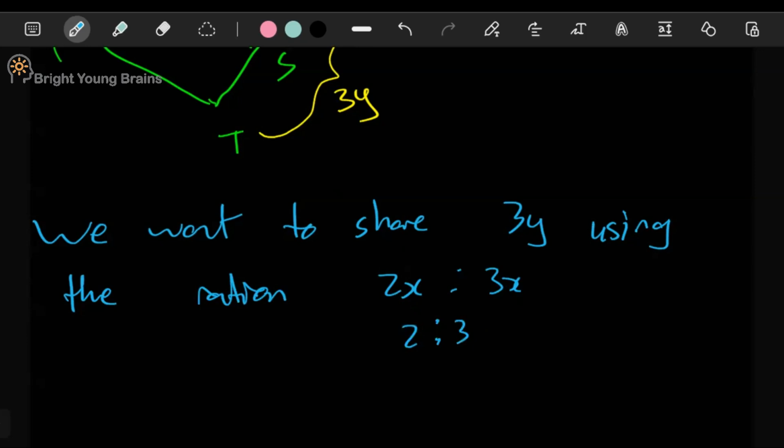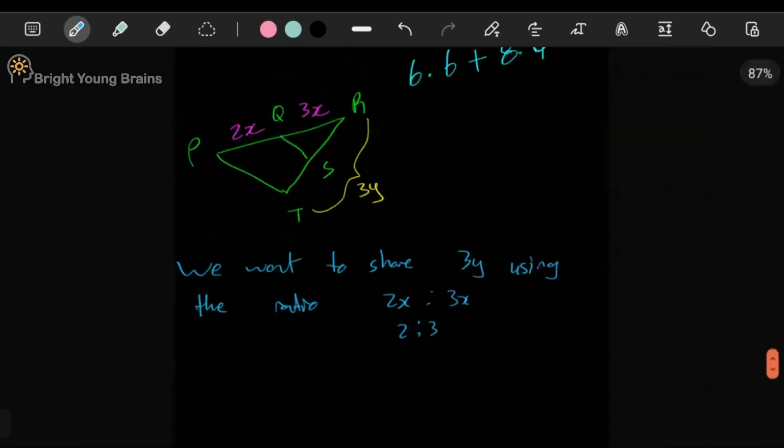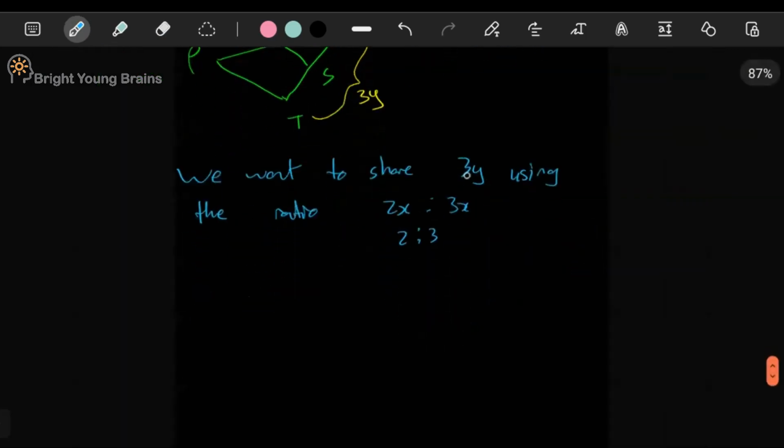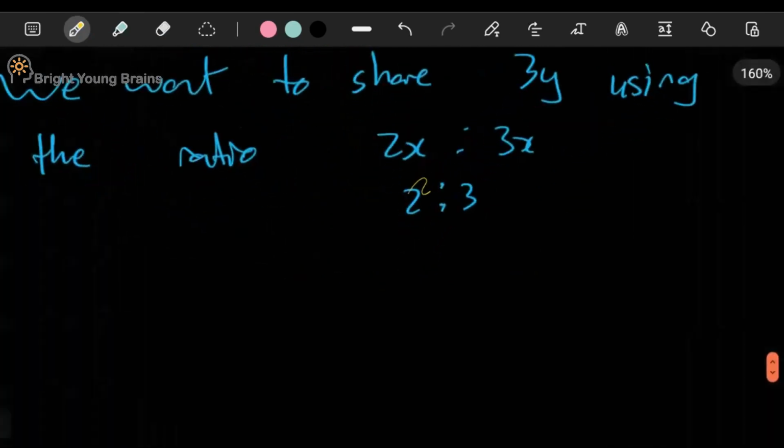You get? So if you're going to share 3y using the ratio 2 to 3, all you do first is you have to say, for the side where it's 2, right?